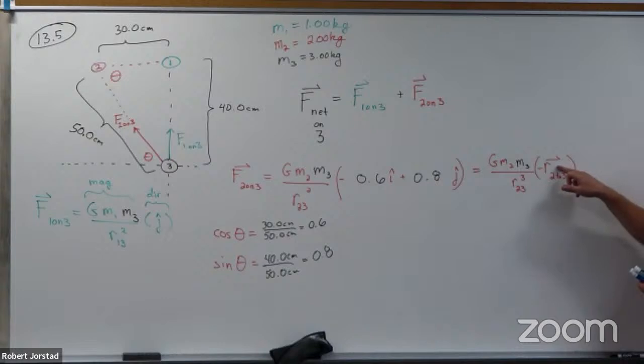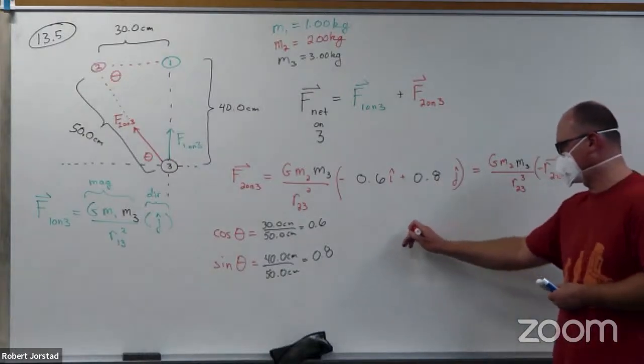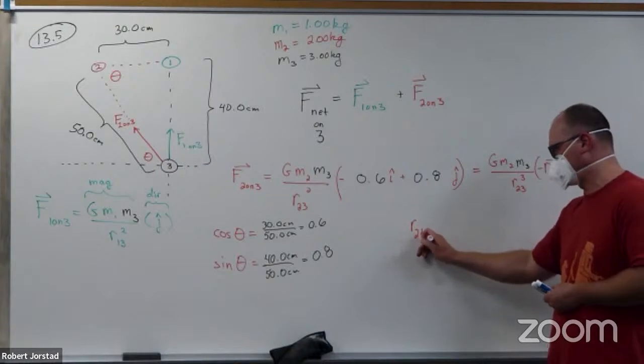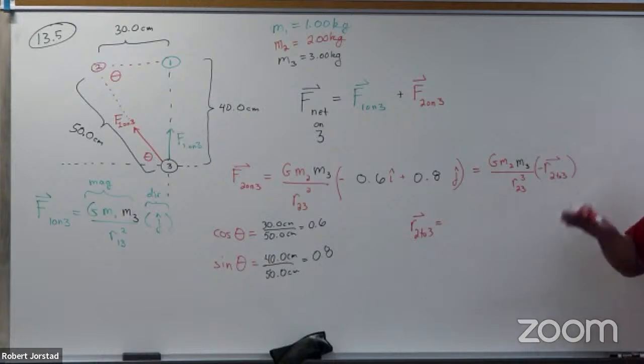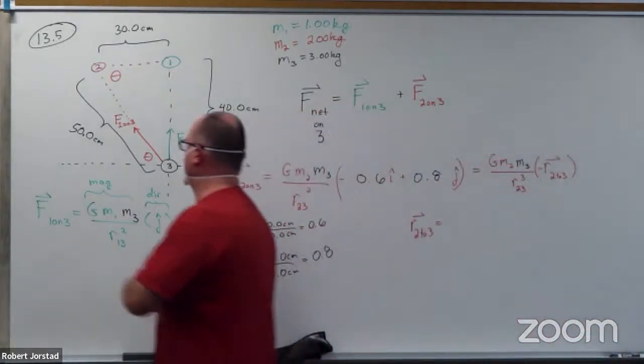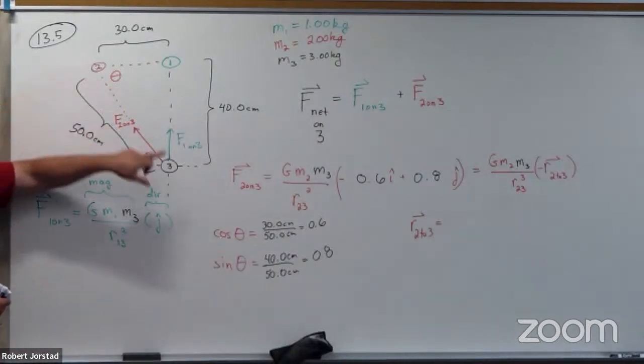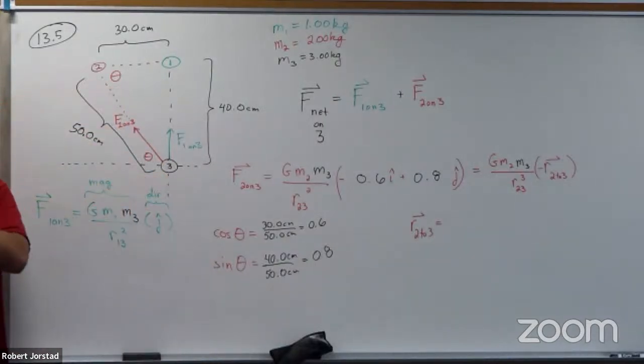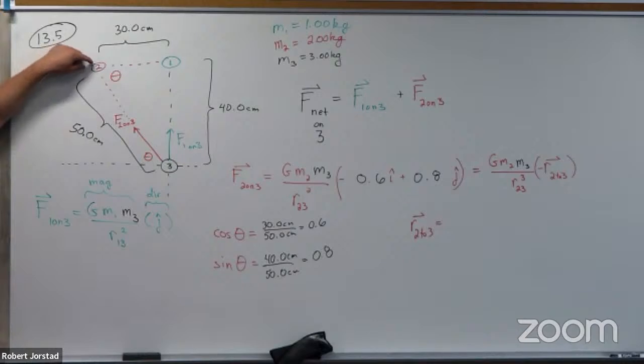Now, when I do this, what is negative R to, well, let's just get R 2 to 3 before we worry about the minus sign. What's R 2 to 3? I want to go from 2 to 3. Give it to me in Cartesian form. How much in the X as I go from 2 to 3?